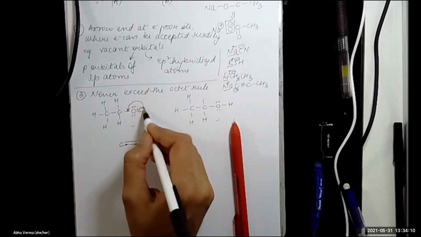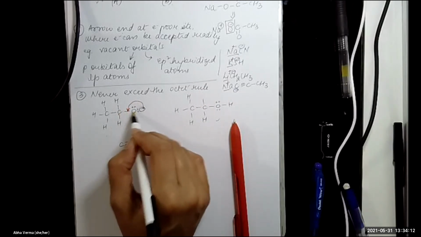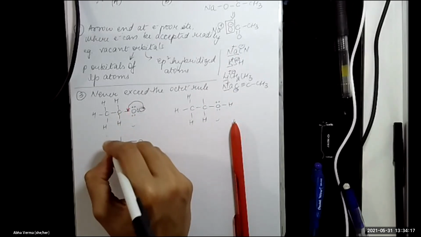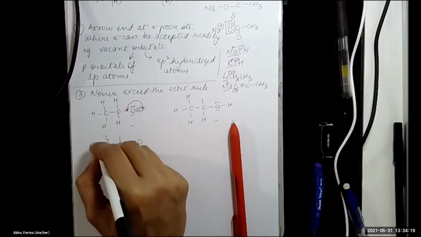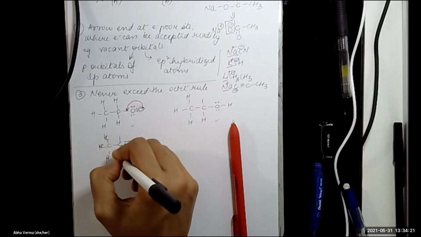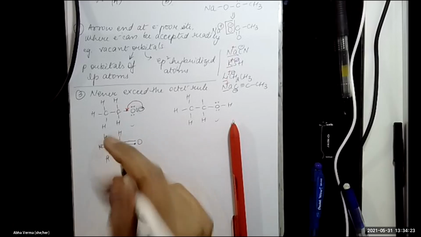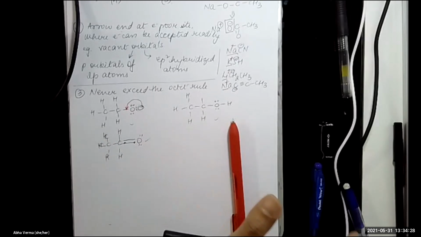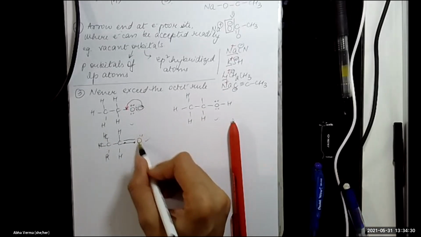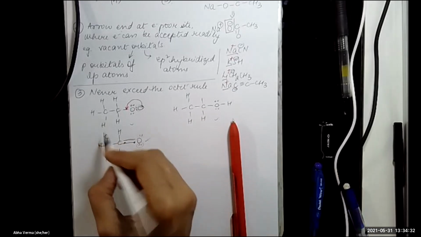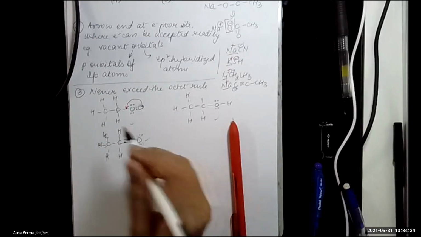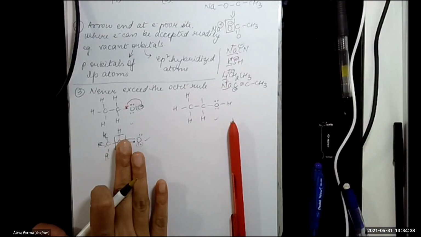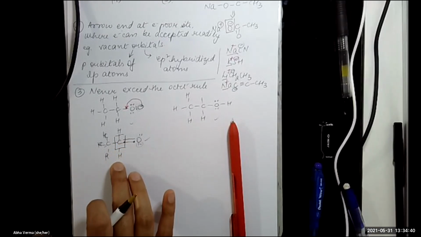I'm bringing these electrons right here so that I can make a new bond with oxygen and carbon. Even if I show it on paper, oxygen has its two bonds and its octet is complete, this carbon's octet is complete. But what about this carbon? Do you think this carbon has its octet complete?